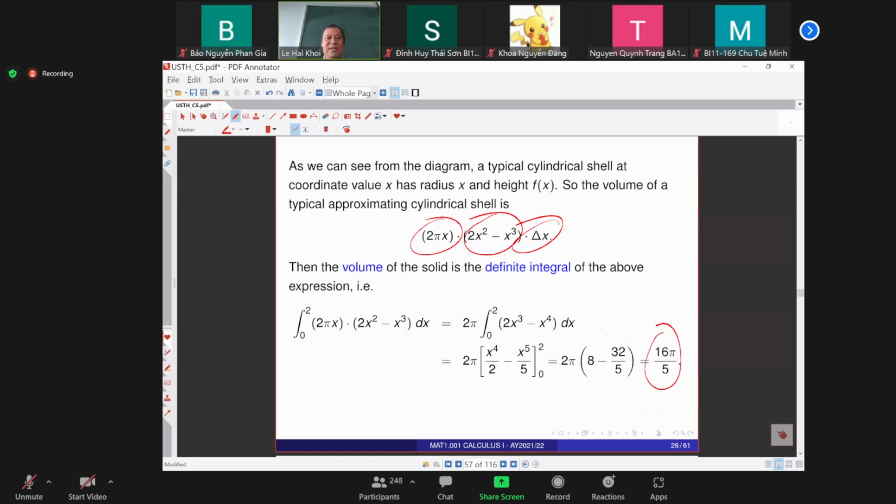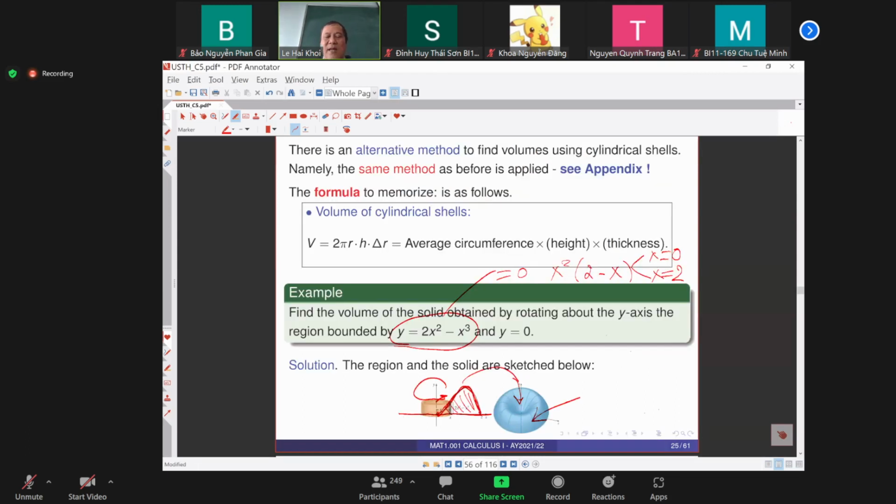So very interesting, and pay attention, read the example carefully and do it again, right? Cylindrical shell at coordinate x, radius x, height f(x). f(x) is 2x squared minus x cubed, because you have such a thing here. This is the height, right?